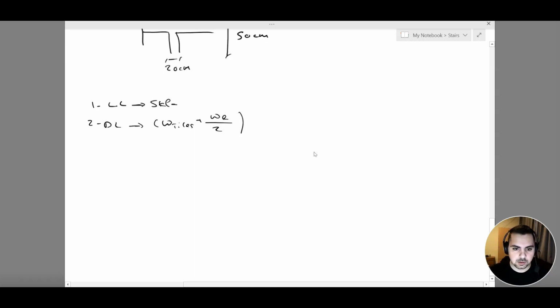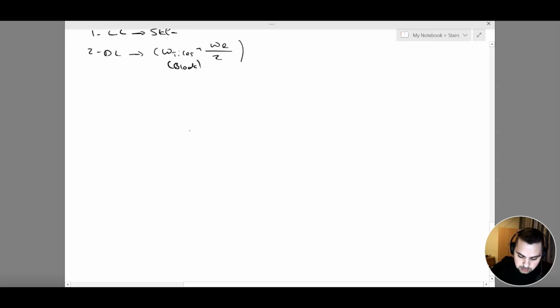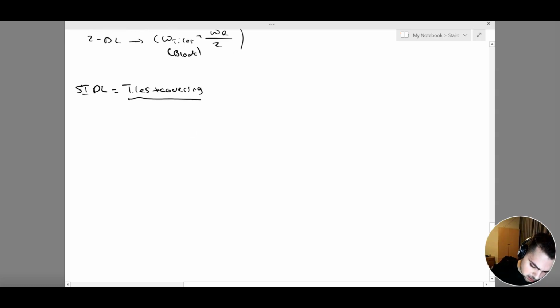So here the weight of my tile, or basically we can call it the weight of my block, is going to be, so let's put here superimposed dead load equals my tiles plus covering, which usually makes up a value of 2.5 kPa, plus my riser over 2.